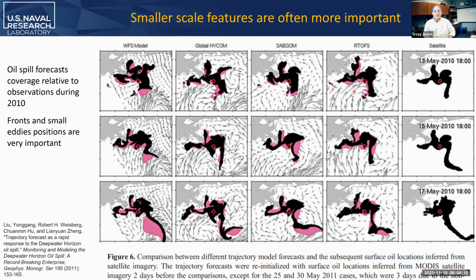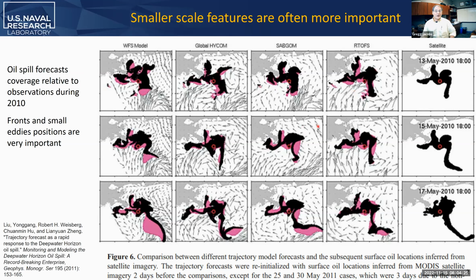And that was a hard problem given that the forecasts were not terribly good. A big part of that was the small scale features that were occurring during that time, creating the discrepancies in the models. So following the Deepwater Horizon, there was a lot of intensive looking and understanding at the dispersion of material in the Gulf of Mexico.